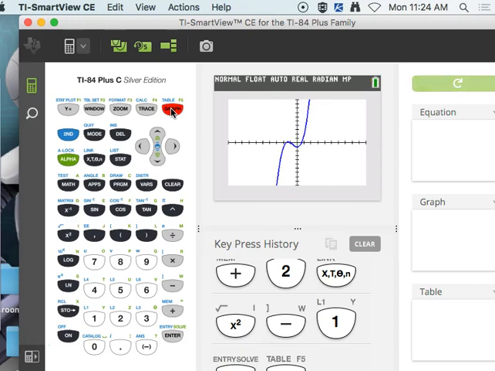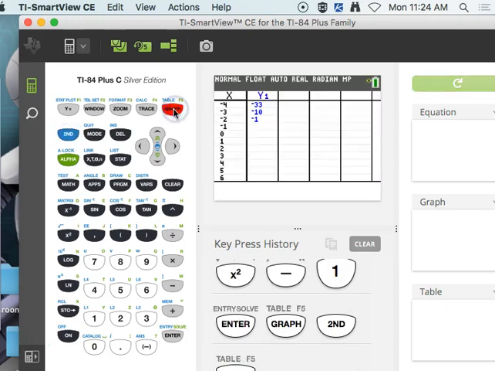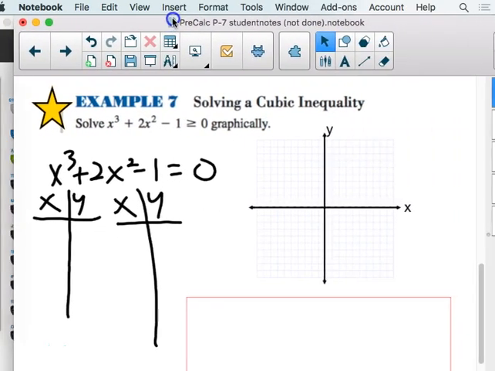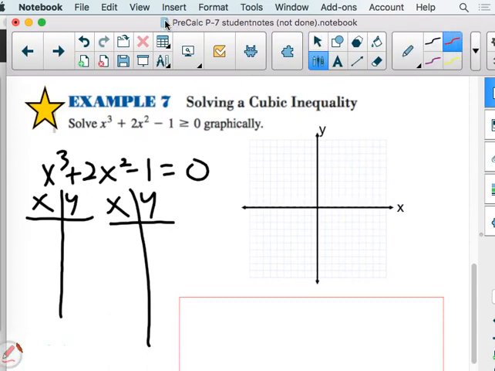Let's get some numbers. Second table. Start at -3, -10. And I'll write all these down. -3, -10. -2, -1. -1, 0. 0, -1. 1, 2, and 2, 15.